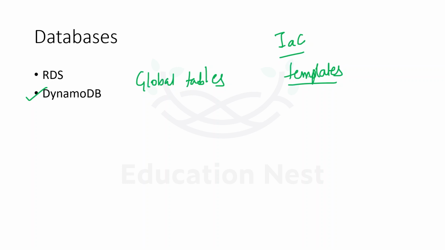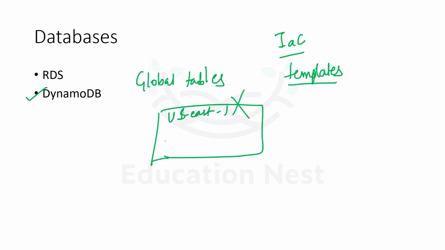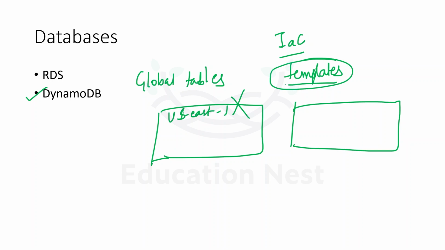Suppose you have one infrastructure up and running in US East 1, some disaster occurs and this entire region goes down. And if you want to replicate this particular infrastructure into another region, then what you can do is use this template which you already have to deploy your infrastructure in another region.